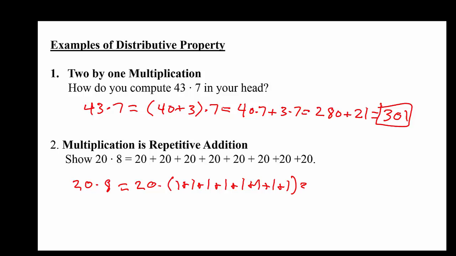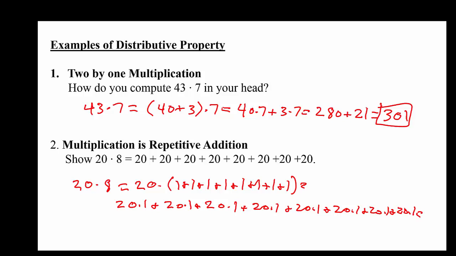And then we'll just apply the distributive property, giving the 20 plus 20 plus 20 plus 20, 8 times. We know that anything times 1, using the identity property of multiplication, is just itself. So 20 times 1 using the identity of multiplication is just 20.